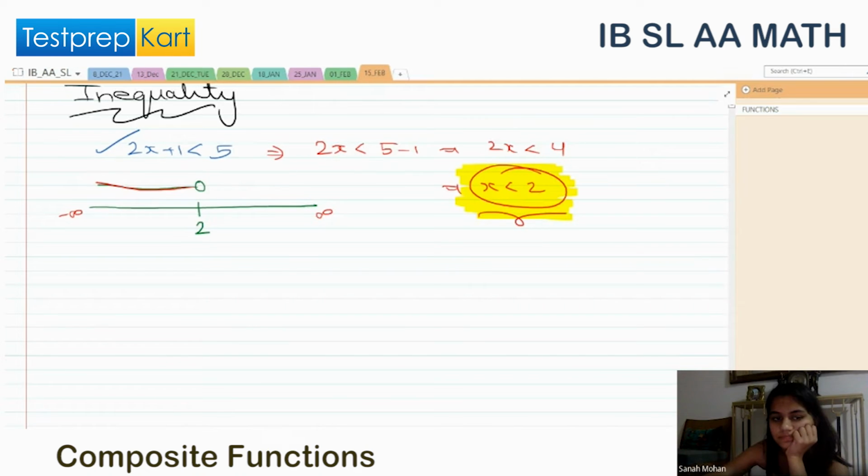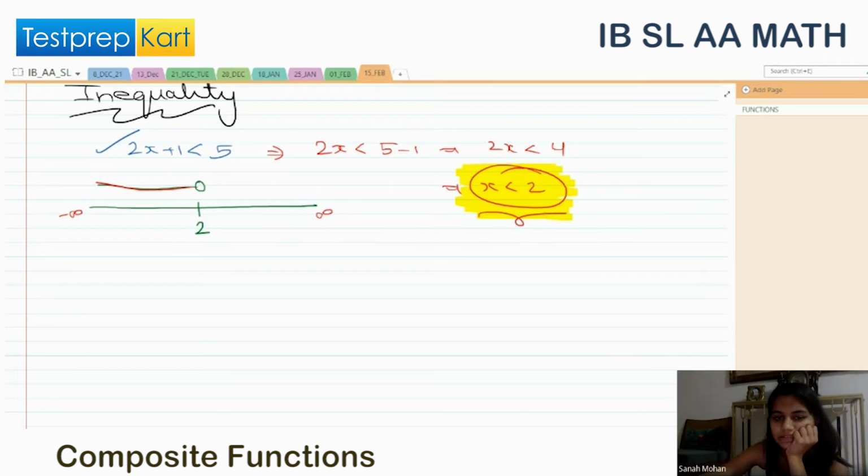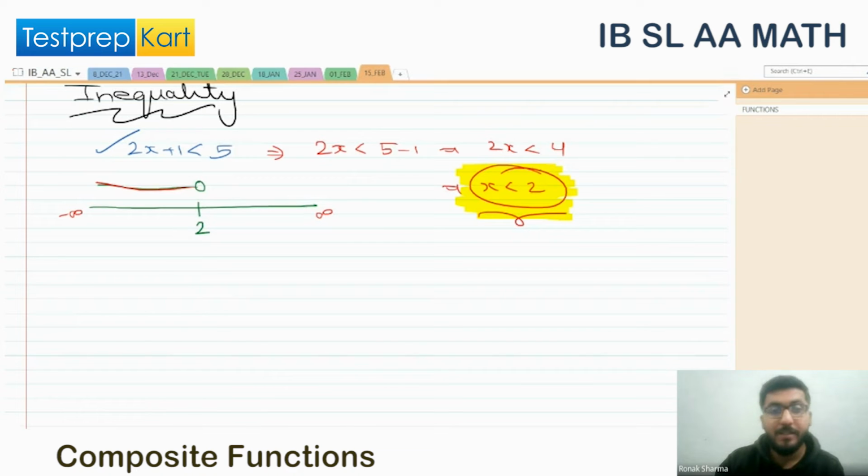No, because it is x less than 2. It is not saying x less than or equal to 2. It is like x cannot reach 2. x cannot sit on 2. It can be less than 2. That means x can take all the values that are less than 2. So how can x take the value 2? Getting the point?